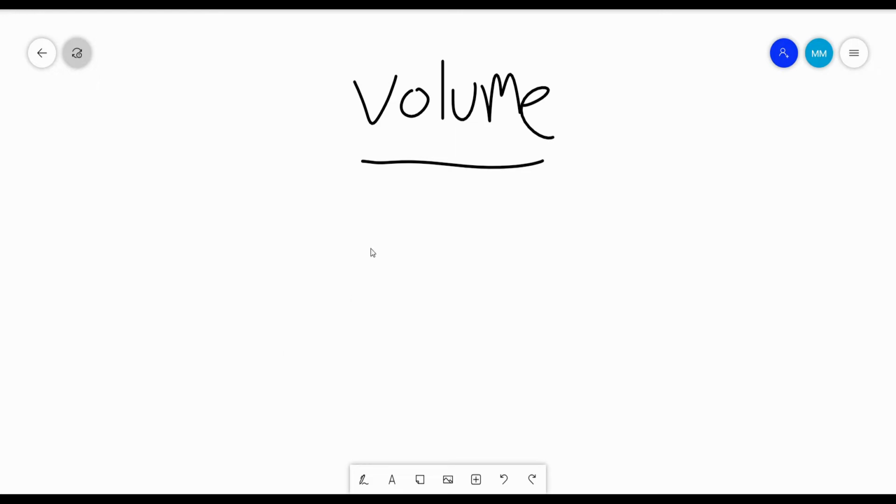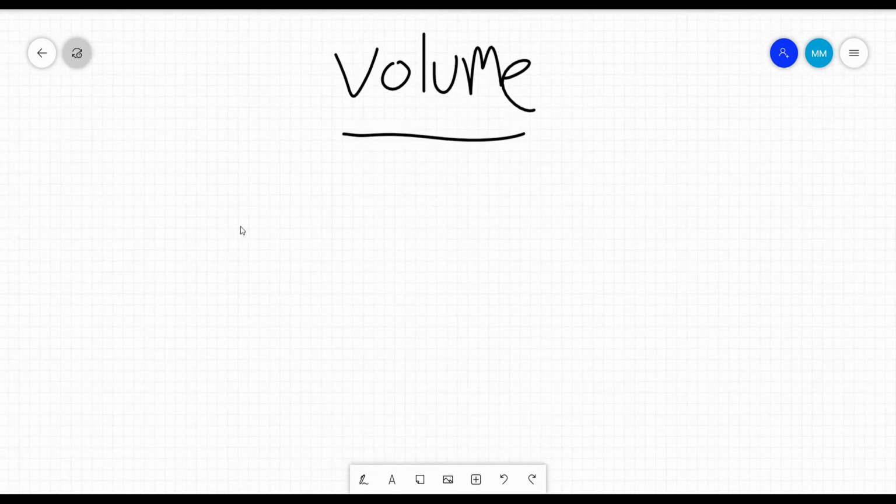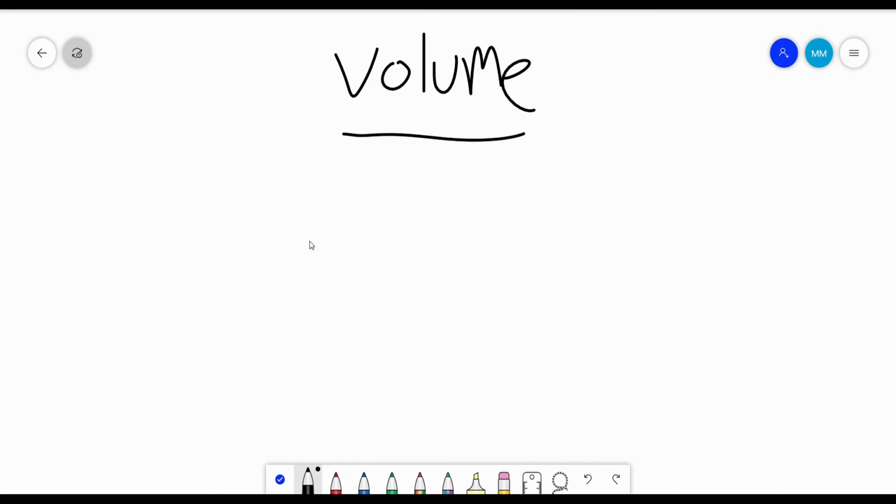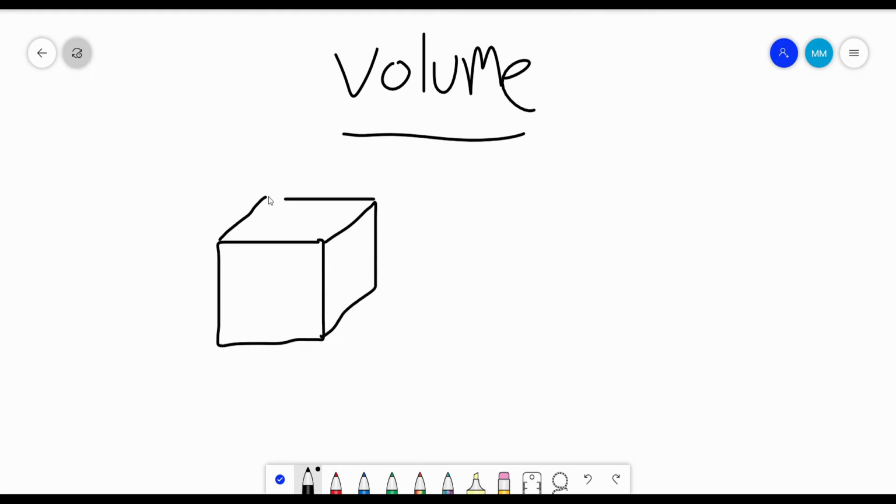Volume, quick one. All you need to know is that you will only be asked in the exam to work out the volumes of cubes and cuboids. Cubes are effectively three-dimensional squares that look like this, and cubes have all their sides the same length.